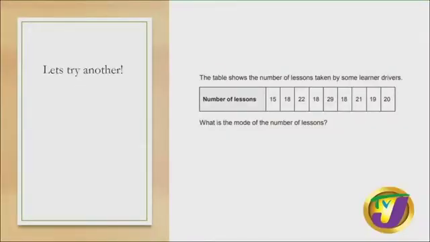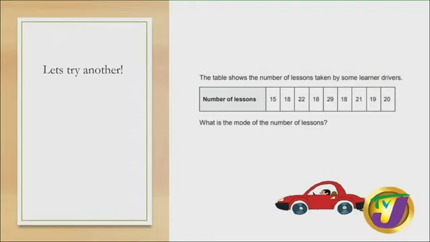Let's look at this. The table shows the number of lessons taken by some learner drivers. What is the mode of the number of lessons? You remember what mode is? Is it a middle term? No? Okay. So the mode is the value in your data set that occurs most.